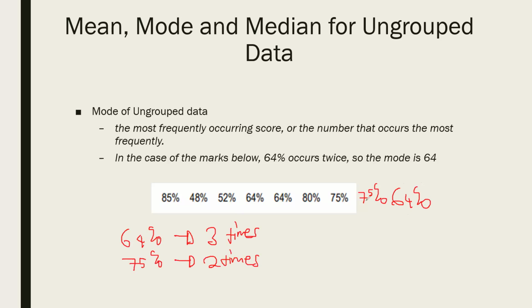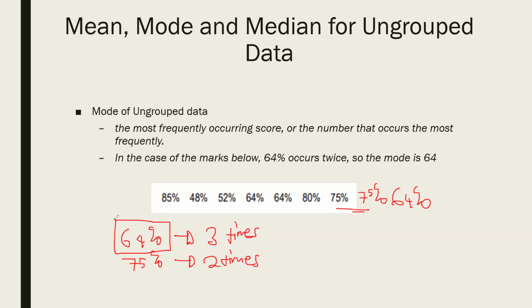So don't be confused by 75. 75 does not affect the mode because it's 2 times. We said mode is the number that is repeated the most number of times. So obviously 3 is greater than 2, so the mode in this case is 64. You can have some other numbers that are repeated too, but the one with the most repeated number of times is the mode.